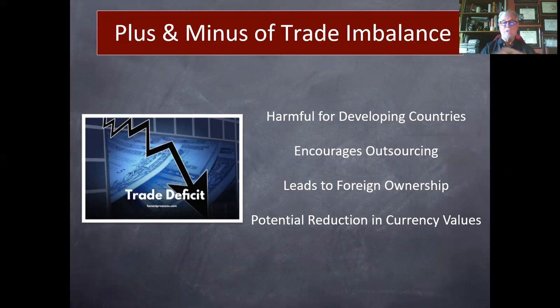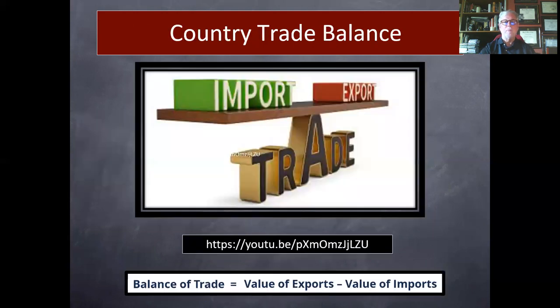It encourages outsourcing because they're not developing their own markets. It can lead to total foreign ownership, and potential reduction in currency values. And again, you can have a trade imbalance between imports and exports.